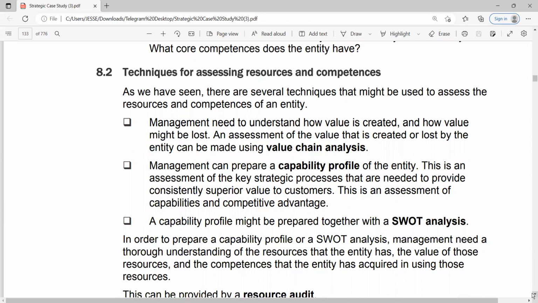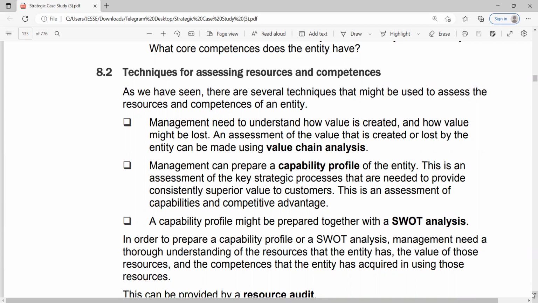Management need to understand how value is created, right, and how value might be lost. An assessment of the value that is created or lost by the entity can be made using value chain analysis. We are talking about the techniques for assessing resources and competencies.